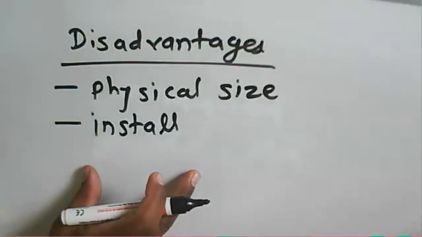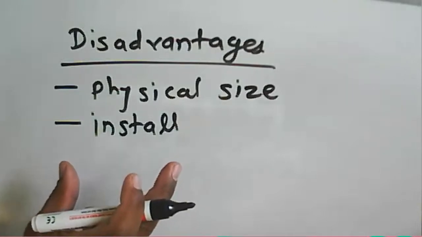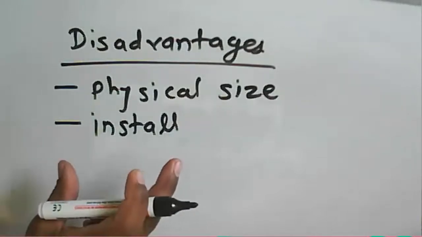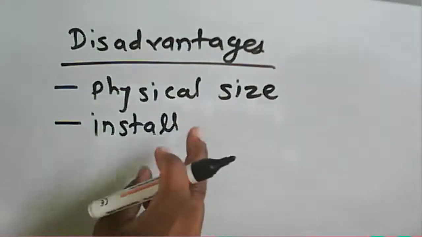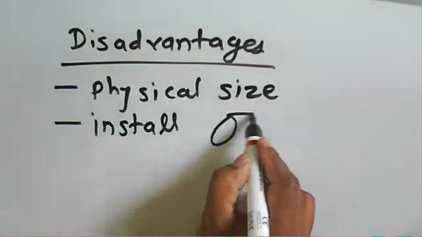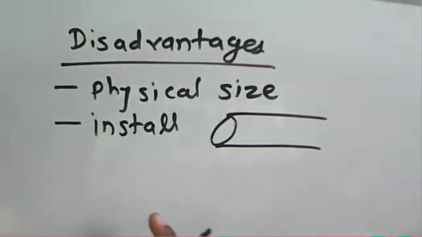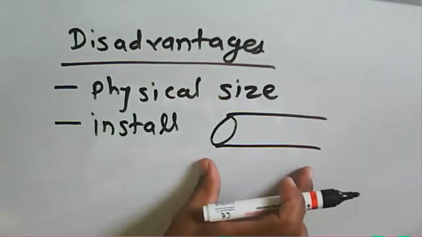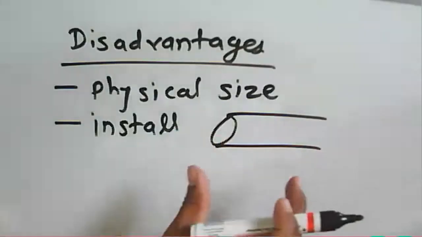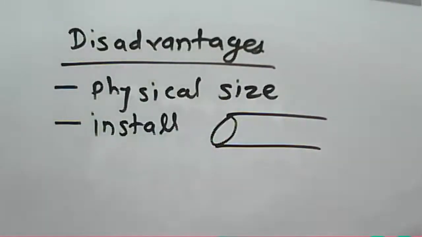And because of the hollow tubes and everything, the weight of this particular rectangular waveguide as compared to the coaxial cable is larger. Those are the disadvantages of this rectangular waveguide.